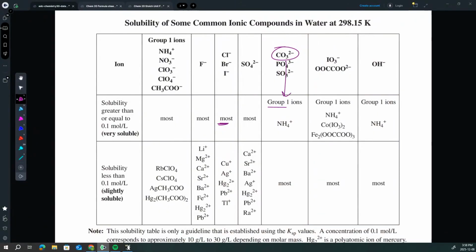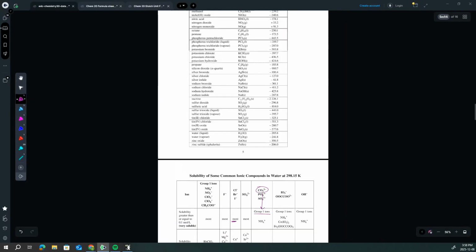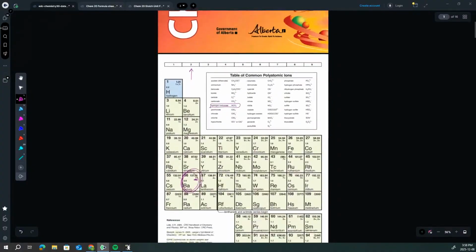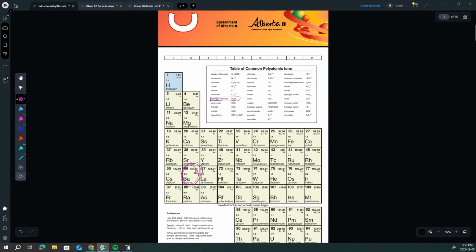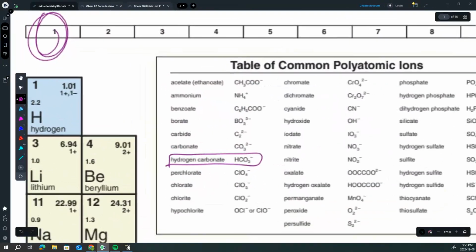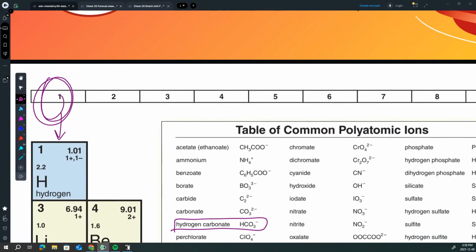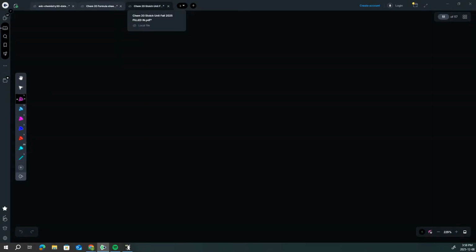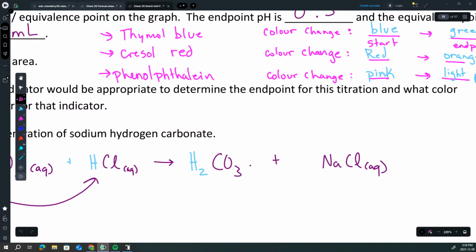So it is soluble with group 1 ions and ammonium, which hydrogen is a group 1 ion. What it means by that is, can you find it in the first column of the periodic table? So this one right here. And absolutely, yes, we can find hydrogen in group 1. So that means this is going to be soluble.